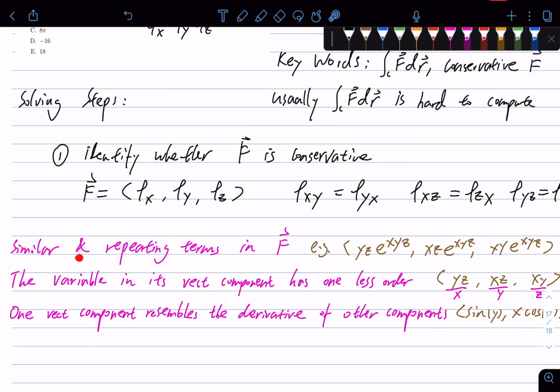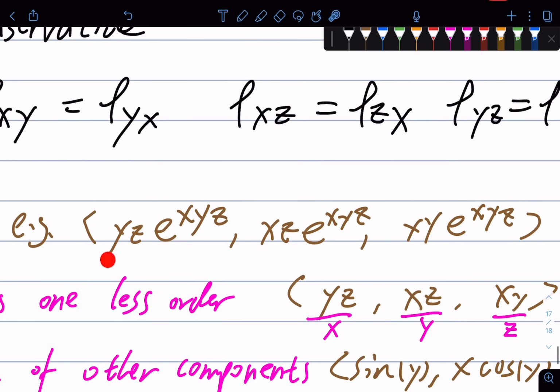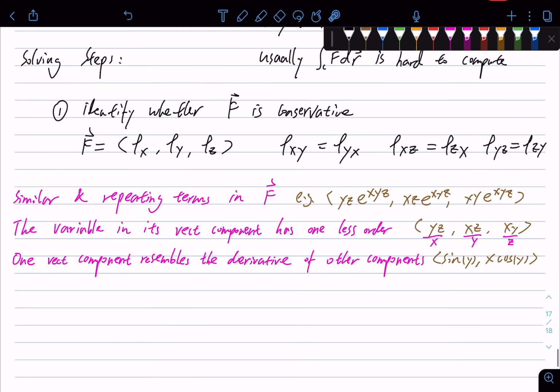First of all, you have similar and repeating terms in f. Look at this example: yz, xz, xy again. Two terms show up together, and the x component is missing x, the y component is missing y, the z component is missing z, and you also have a common repeating term e^(xyz) in your vector field. So that's one way you can tell this is a conservative vector field.